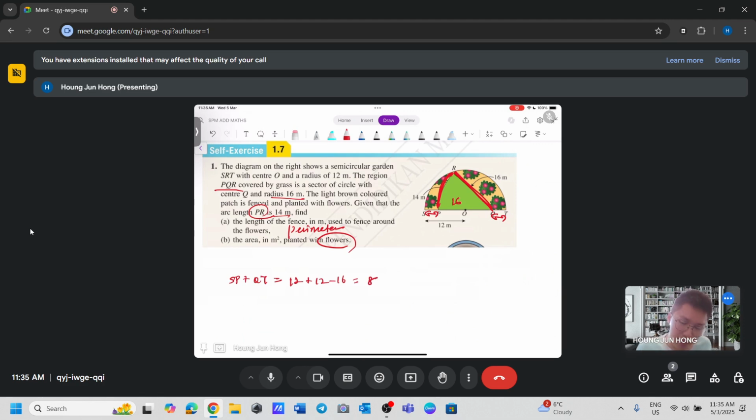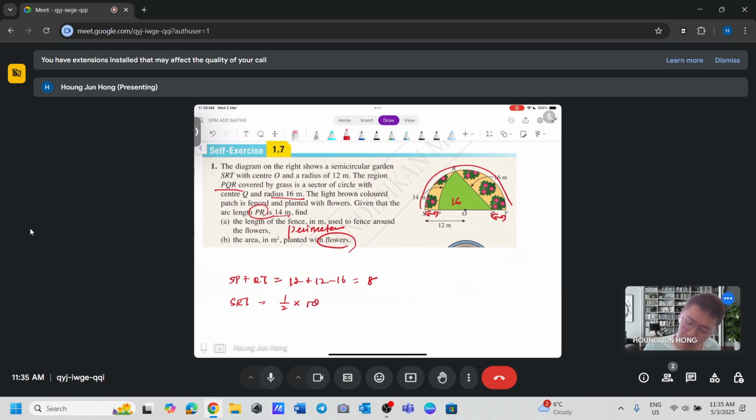Moving on, you can also find the half of the whole circumference, which is SRT, the whole outside. That is half times r theta.